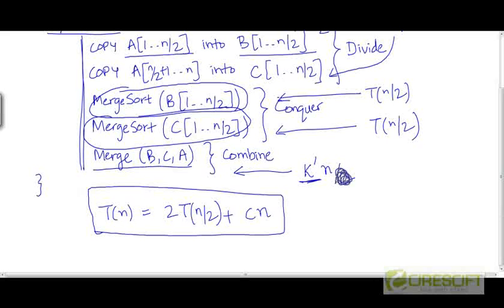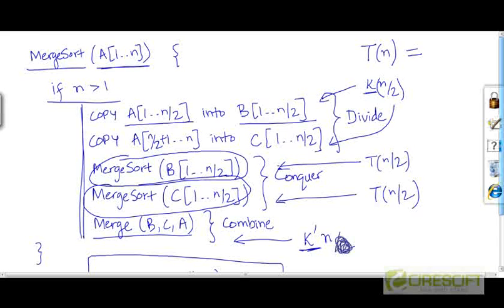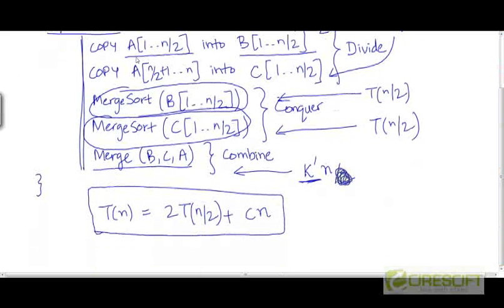And as you can see, because divide and conquer works by dividing the original problem into smaller subproblems, the running time is going to be expressed in terms of itself, but invoked on smaller subproblems.